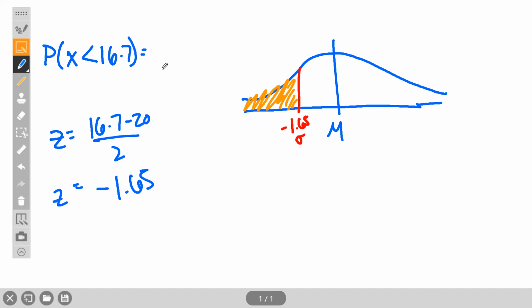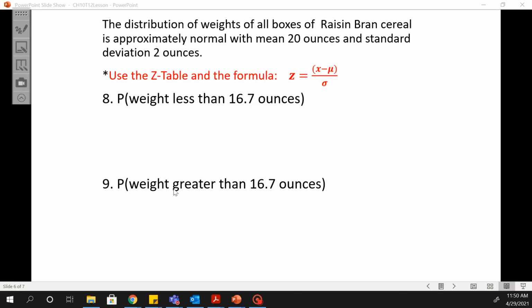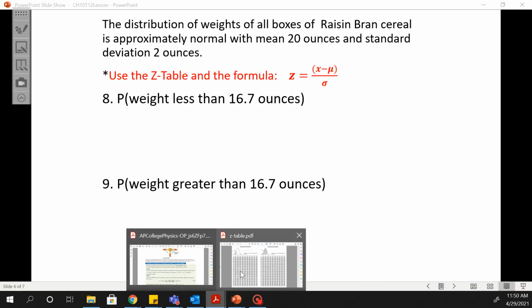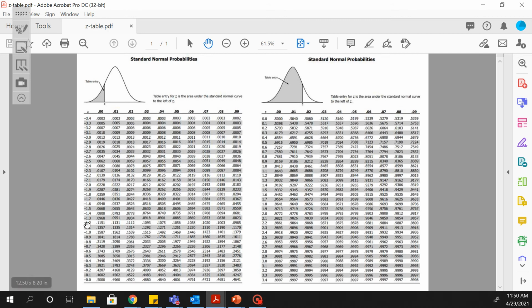Alright, so I just need to go to my z-table, and I'm looking for negative 1.65. So negative 1.6 is right here, and then I need the 10th digit, which is 0.05. So that's 0.0495.